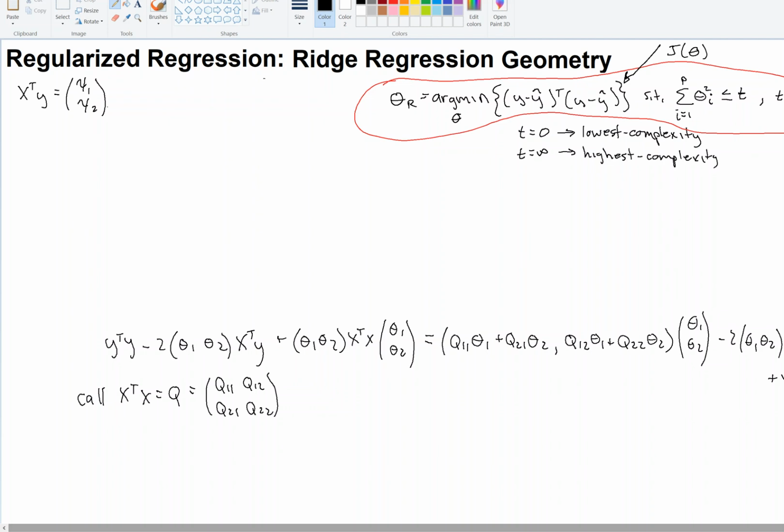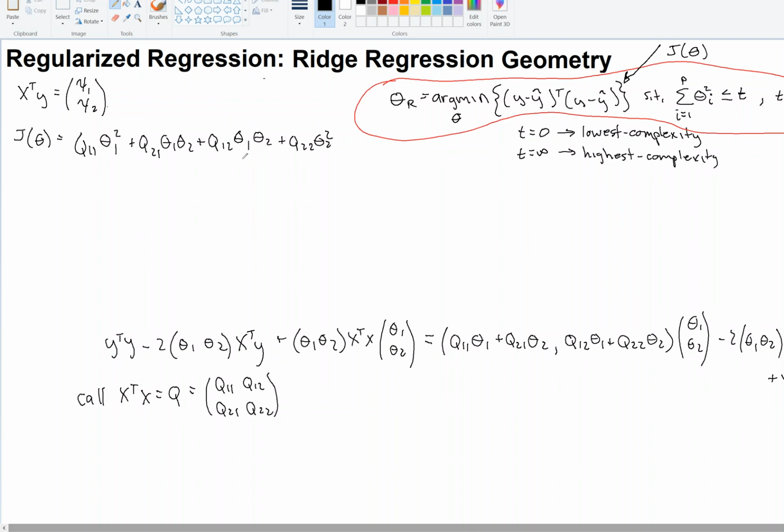Okay, so now if I plug that in down here, I've got J theta equals, if I carry out the multiplication, Q11 theta 1 squared plus Q21 theta 1 theta 2 plus Q12 theta 1 theta 2 plus Q22 theta 2 squared.